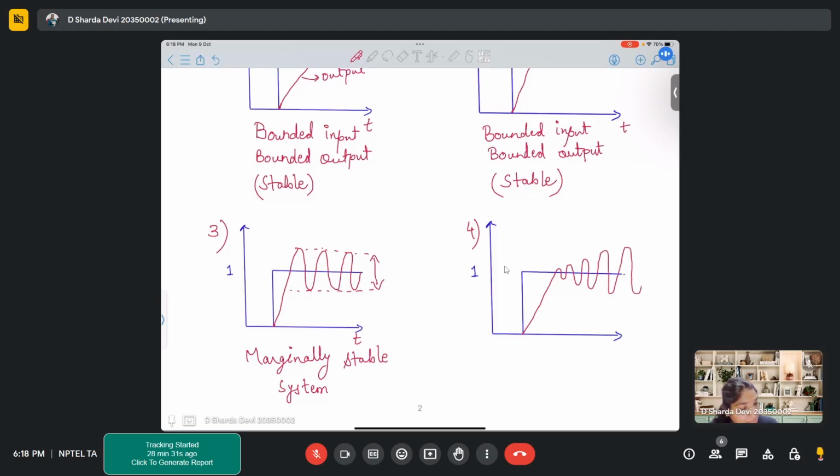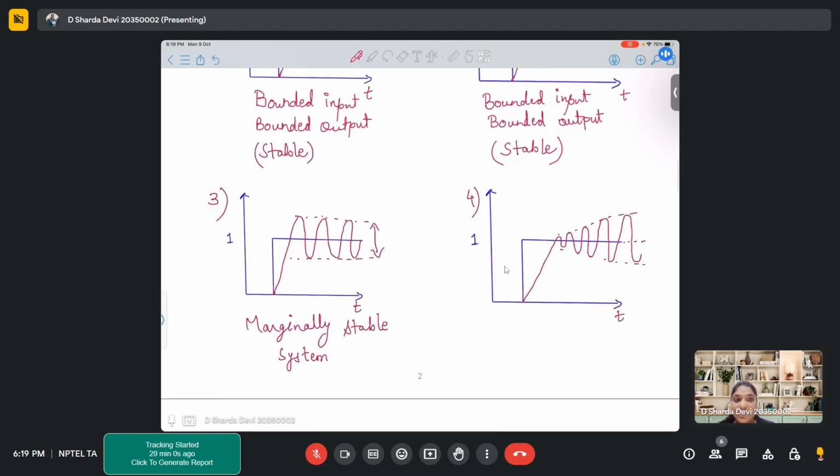So if the time scale is extended to infinity, what will you observe at infinity? Your amplitude will keep rising, and at infinity your output will tend to infinity. The span of your output will tend to infinity. So this type of observation is obtained from an unstable system.